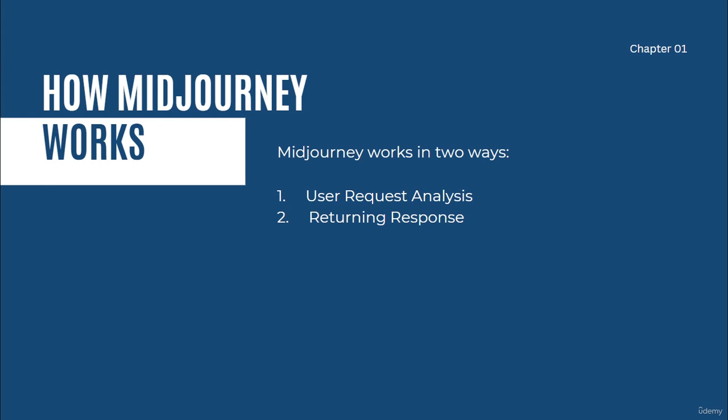After this, it will move toward its second step, which is returning the response. Okay, it got everything, it analyzed everything, it is getting some results, but it needs to make a combination of these results. If you know about artificial intelligence or deep learning techniques, it is running through all the neural networks and getting some outputs from each node. It is going to collect all these outputs, and after that it will process them and provide you specific outputs.